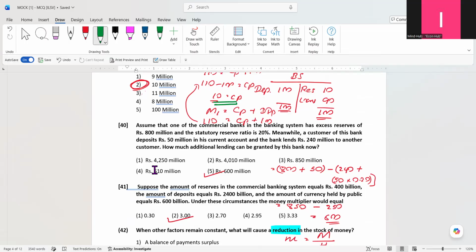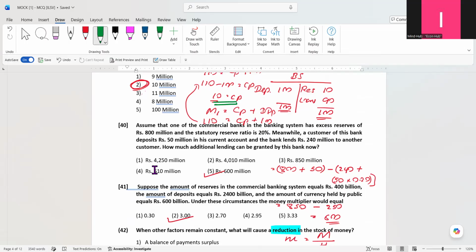The important thing to remember is that the 50 million they got as deposits, the entire 50 they cannot give out on loans. Out of that 50, they have to keep 20% in terms of the value, 10 million, as reserves.